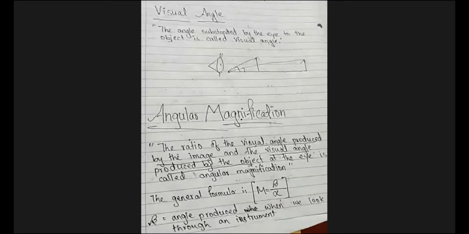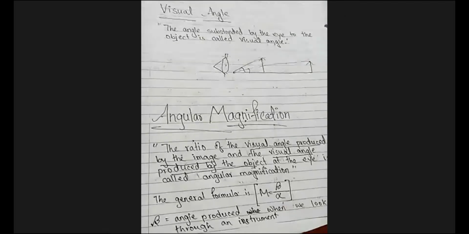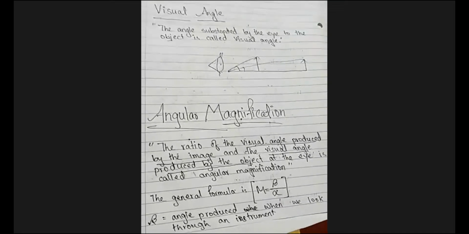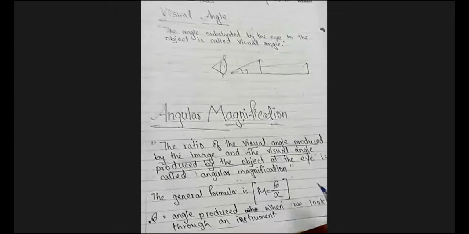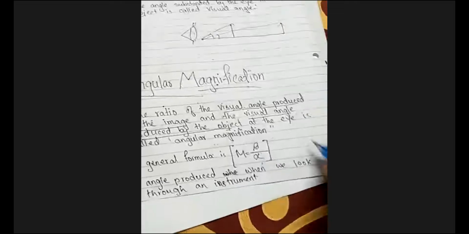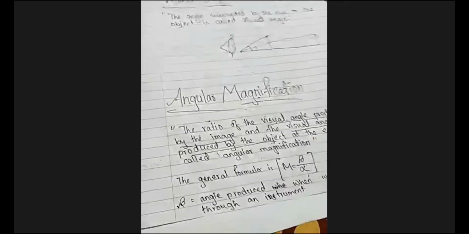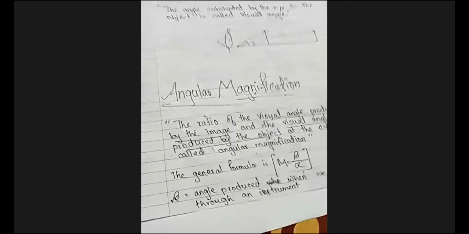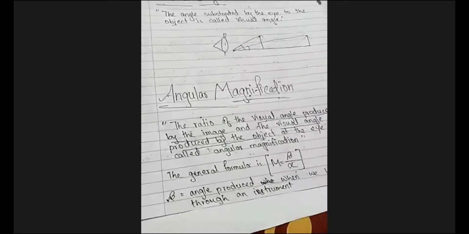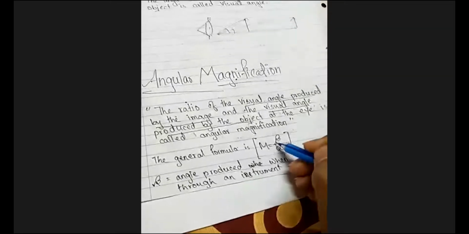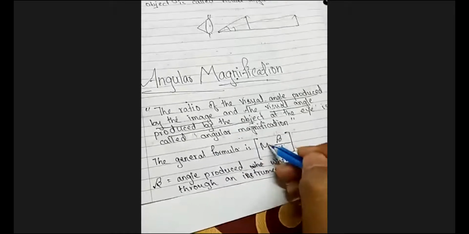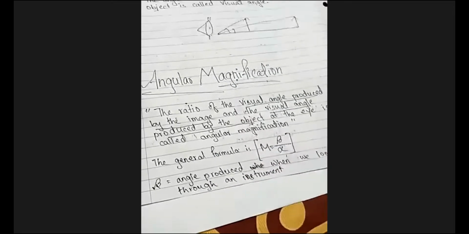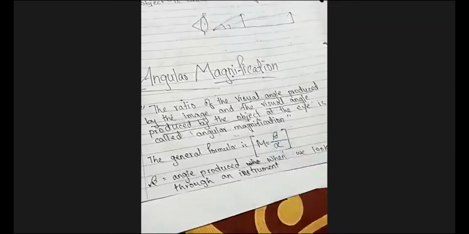When we see normally with our eyes without using any instrument, the angle created in our eye is alpha. And when we see the moon using a telescope, the visual angle will be different, and let's take that angle as beta. So the angular magnification will be M equal to beta by alpha, and we will use capital M.